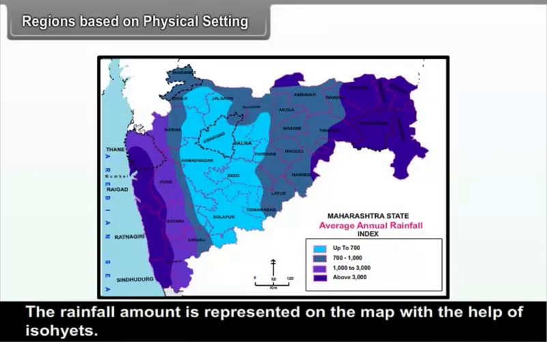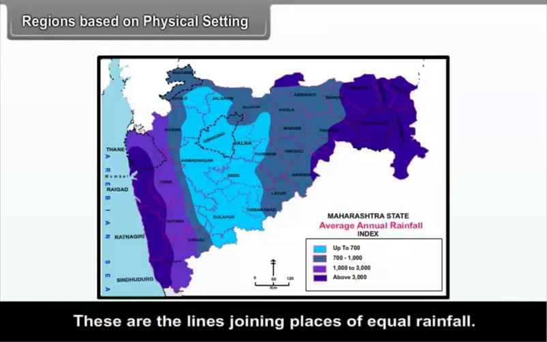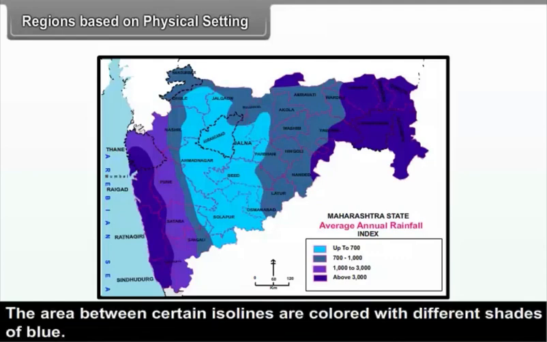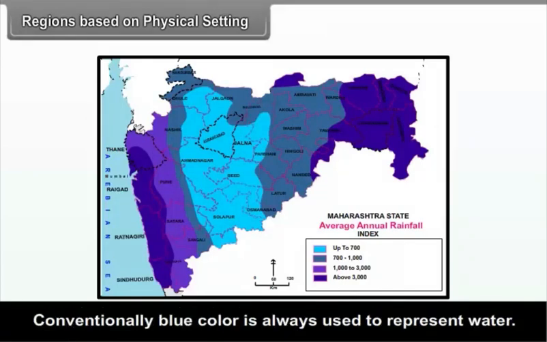The rainfall amount is represented on the map with the help of isoheights. These are the lines joining places of equal rainfall. The area between certain isolines are colored with different shades of blue. Conventionally, blue color is always used to represent water.